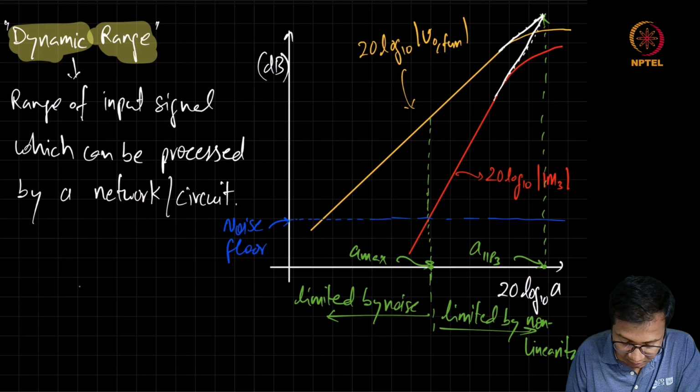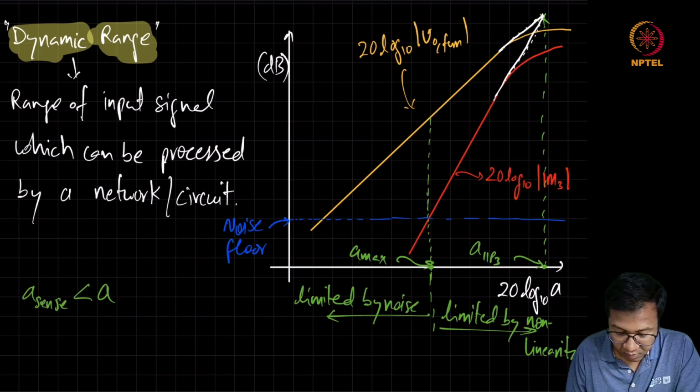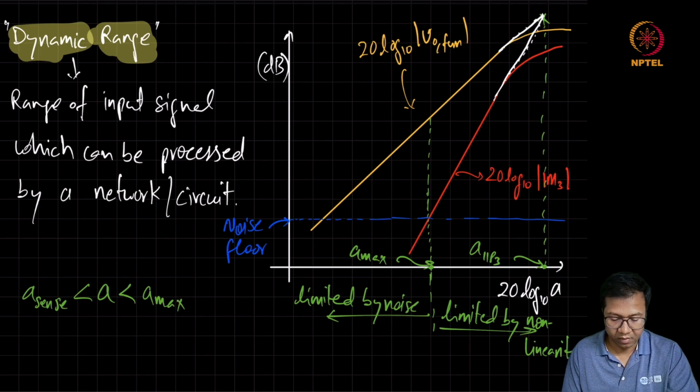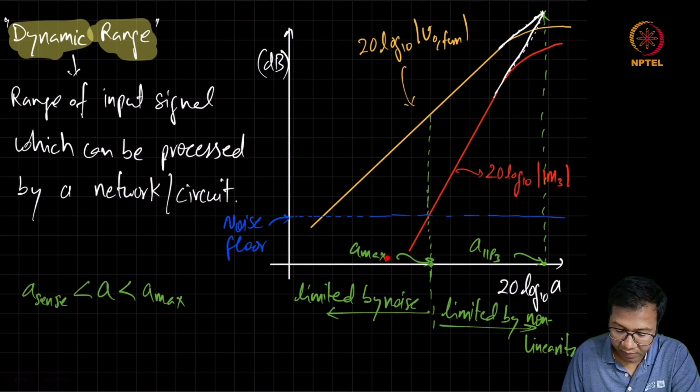Minimum which we can apply, we already know, is the sensitivity. Maximum which we can apply is the Amax here. This specific way of finding the dynamic range of the network is also called a spurious-free dynamic range.